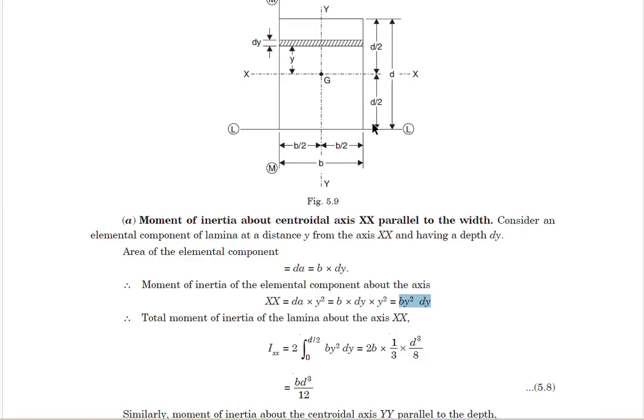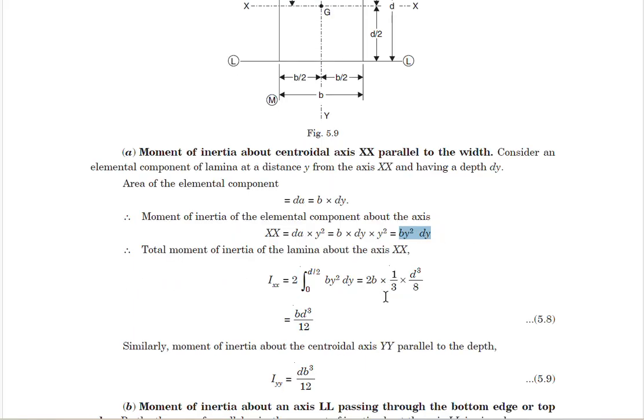So b y square dy integrated will be equal to twice that, because you have the upper part and the lower part. So 2 comes outside, and this is the integration between 0 to d by 2. And this comes out to be bd cube by 12. This is the same thing that we discussed in the first table, and here we have discussed the derivation.